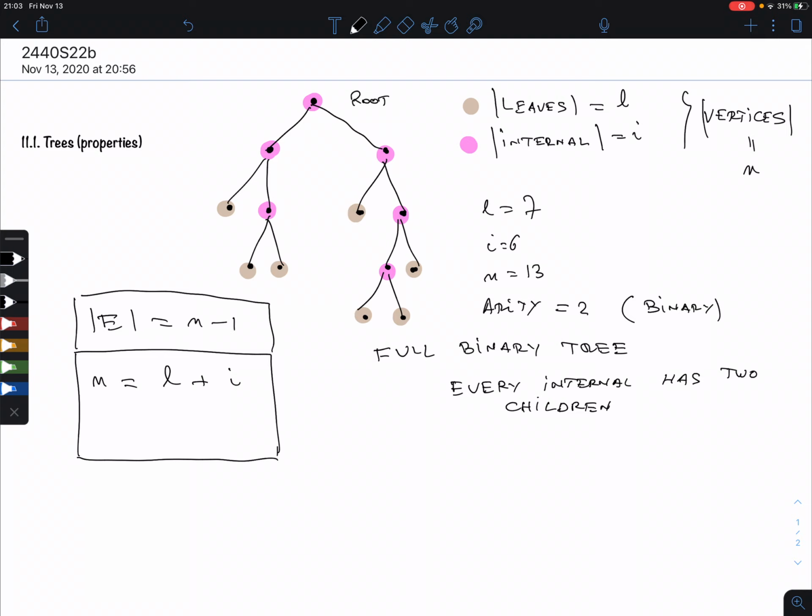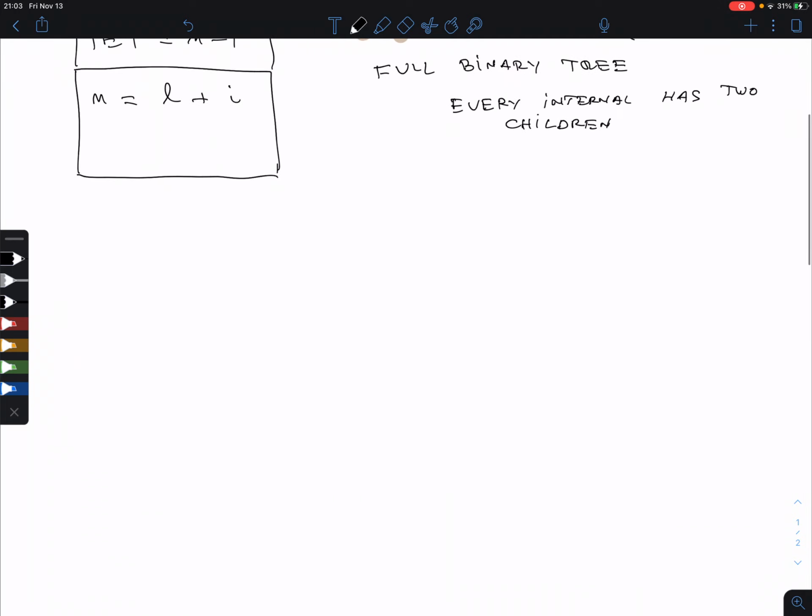Now, that is for binary, but we can do this for any number. So let me just give you an example of a full ternary tree. I'll draw it quickly. So how would that be? Well, it would have to have 3 and then 3 here, and perhaps another 3 here, and this one also has 3, and perhaps this one also has 3, and then this one also has 3, and let's stop there. Just to show you that it doesn't have to be symmetric in any way.